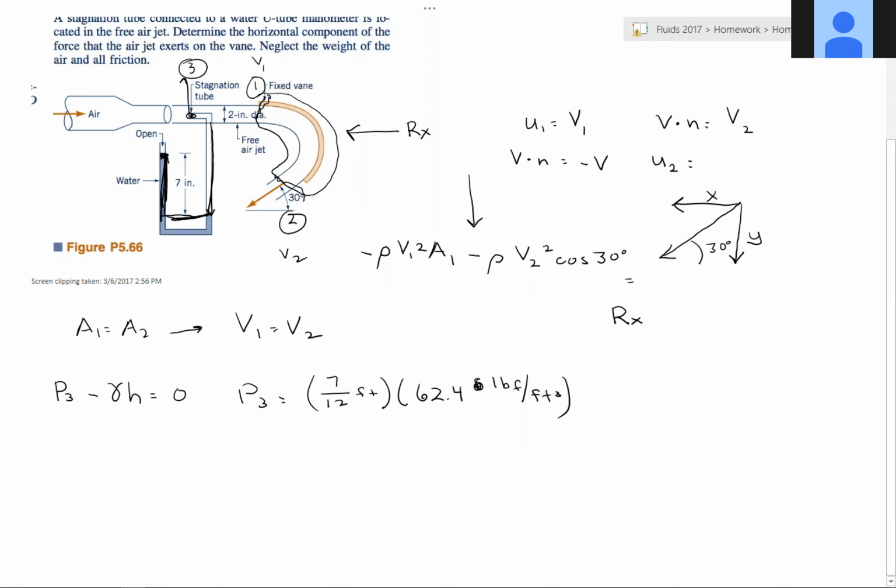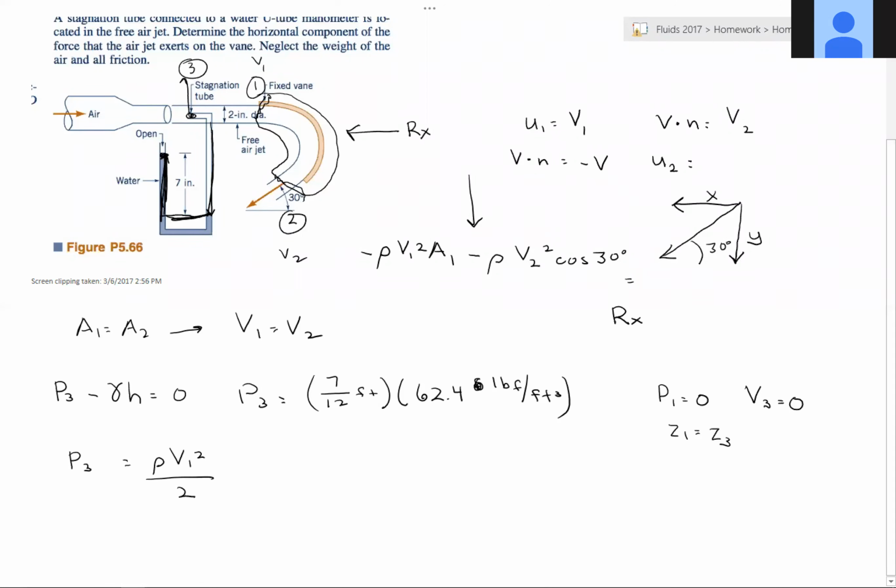So basically what we're going to be left with is that P3, since there's no change in height, and P1 equals 0, what can you say about V3? So we know that P1 equals 0. What about V3? Yeah, so V3 equals 0 because, as we said earlier, it's a stagnation point. So all we're left with is that P3 is equal to our rho V1 squared over 2.